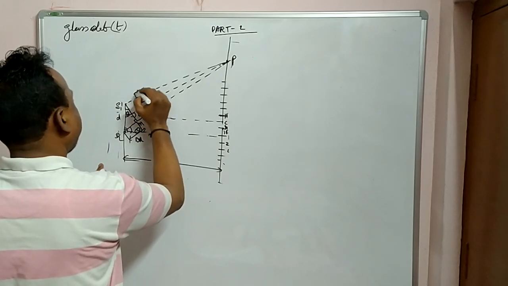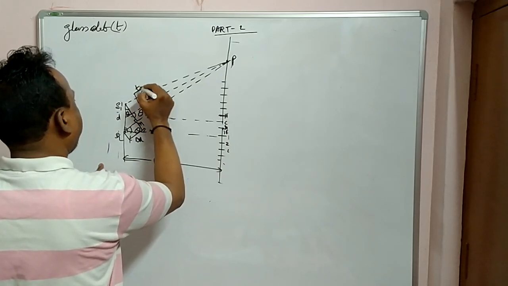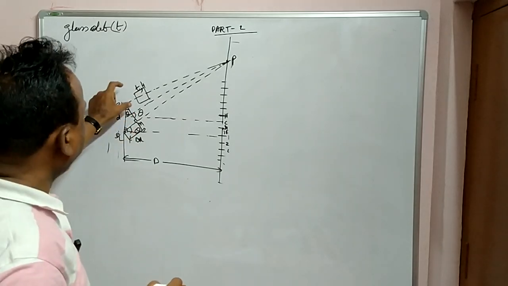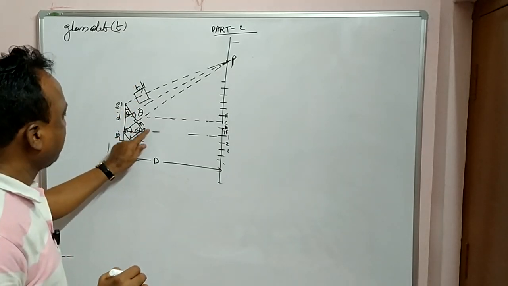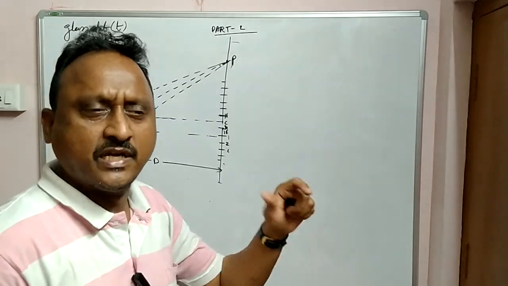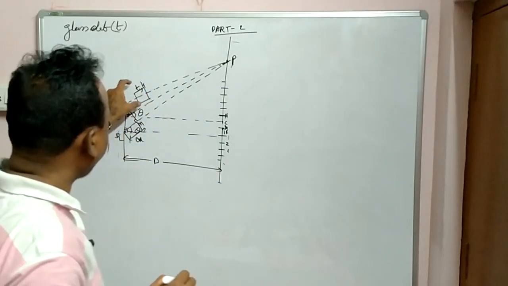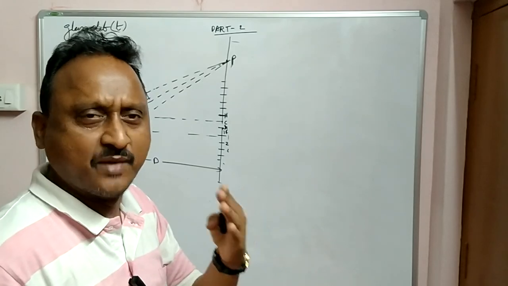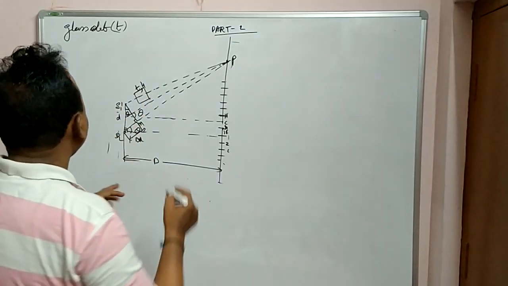This slit is having thickness T and refractive index some mu, or this glass slab is kept in slit 2. Slit 1 or slit 2, wherever you put the glass slab as an obstruction, then what will be the shift?